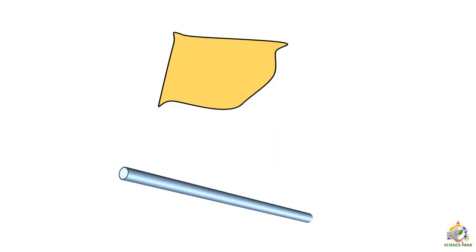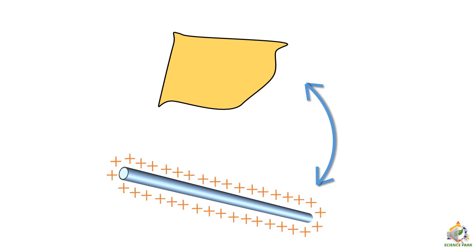So friends, when we rub silk cloth against glass rod, there is a transfer of charge. The electrons from the glass rod are transferred to the silk cloth. Hence, the total number of negative charges in the glass rod is less than the total number of positive charges, so the glass rod becomes positively charged.